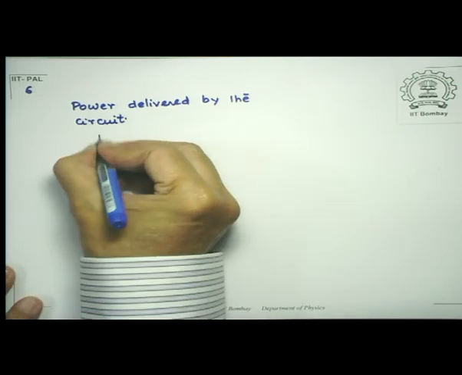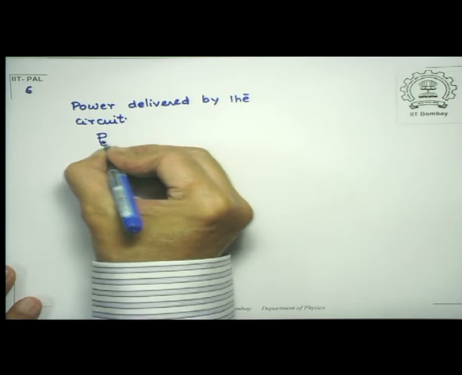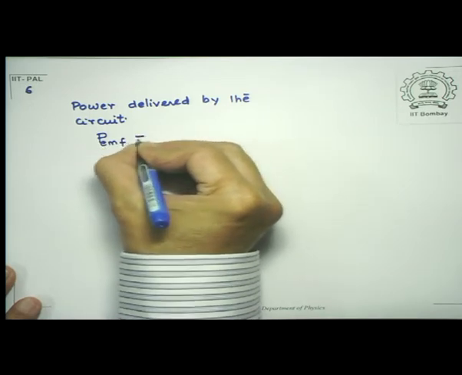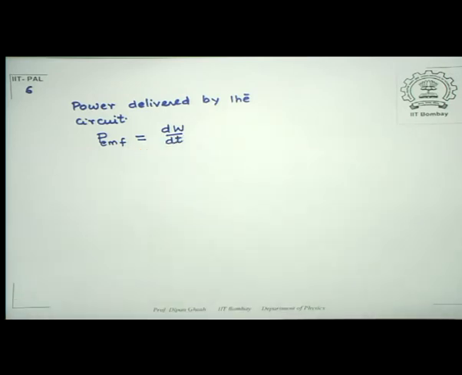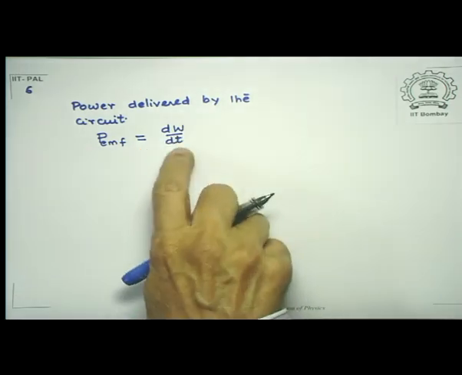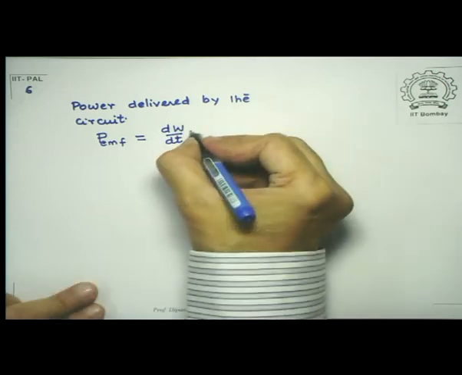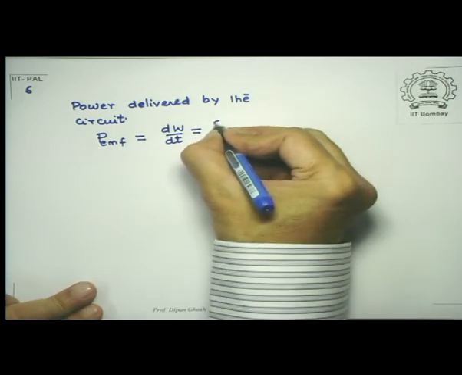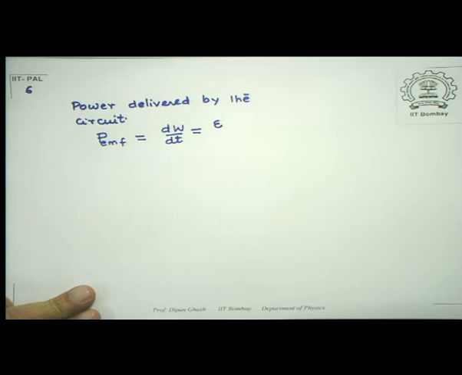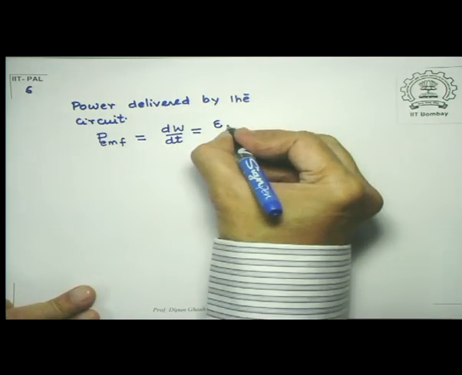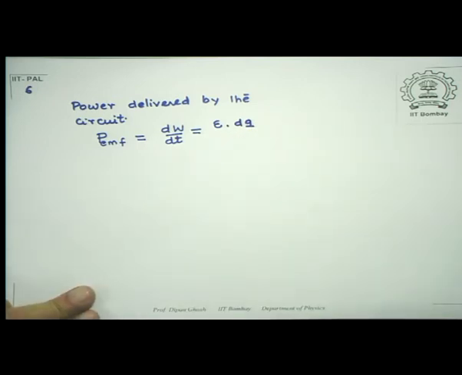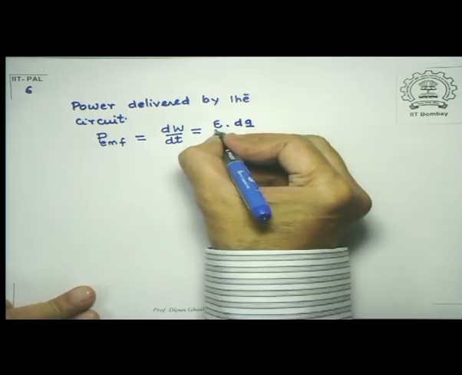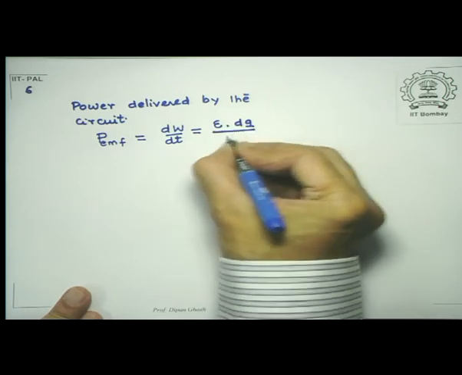Let's call this P of the battery, which I call P_EMF. That's equal to dW by dt, the work done per unit time. But dW is nothing but the EMF times dq, that's the amount of charge that has been lifted through this potential barrier, divided by dt.